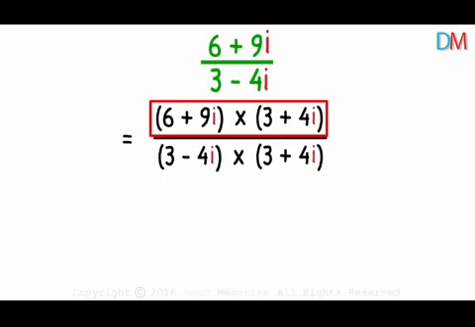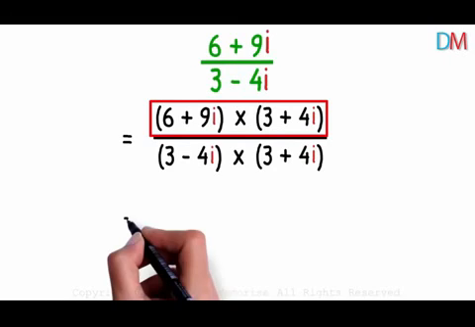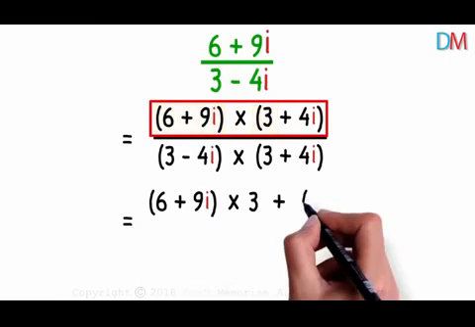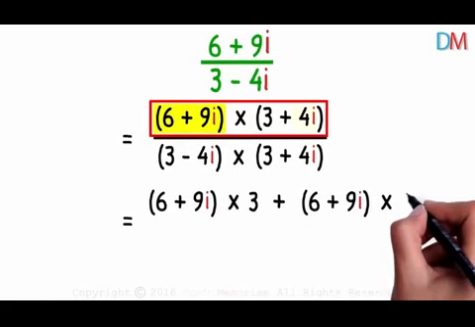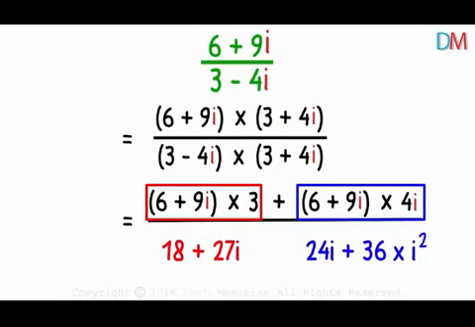The numerator here becomes a classic case of multiplication of two complex numbers. And the denominator is a case of multiplication of complex conjugates. Let's simplify the numerator first. It will equal 6 plus 9i multiplied by 3 plus 6 plus 9i multiplied by 4i. This will give us 18 plus 27i, and this gives us 24i plus 36 times i squared.